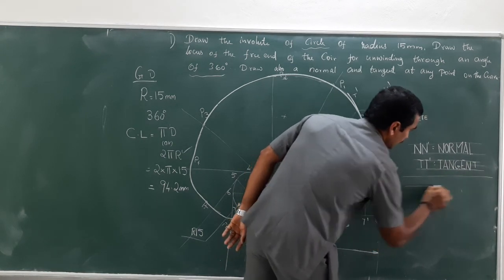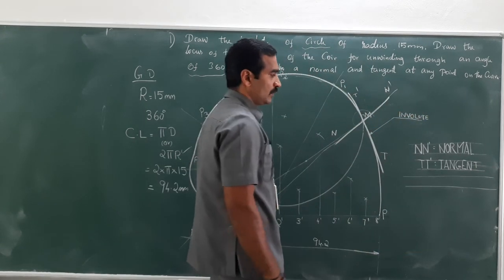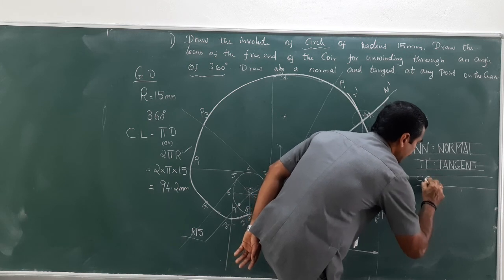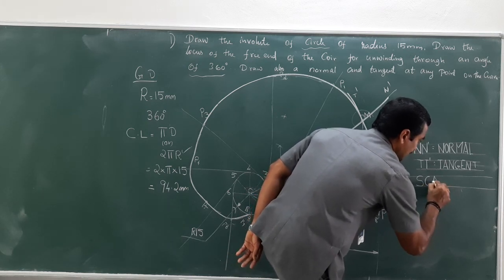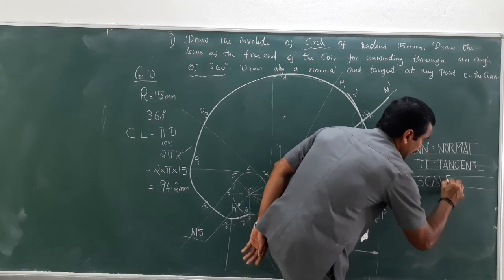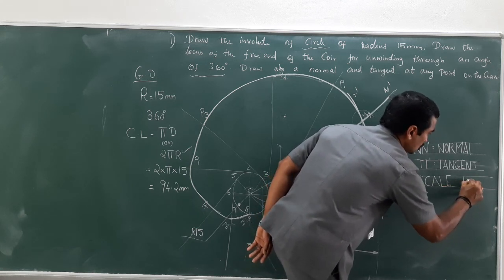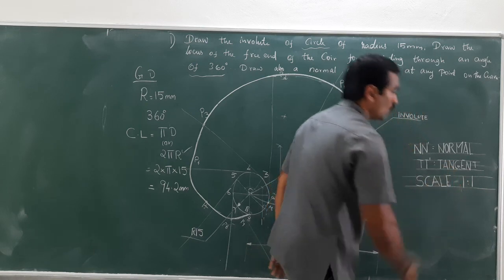Then the dimensioning or the scale which has been used here, since I haven't considered any special scaling, as it is I have drawn. Whatever the dimension given, as it is I have drawn. Therefore, the scale should be 1:1.